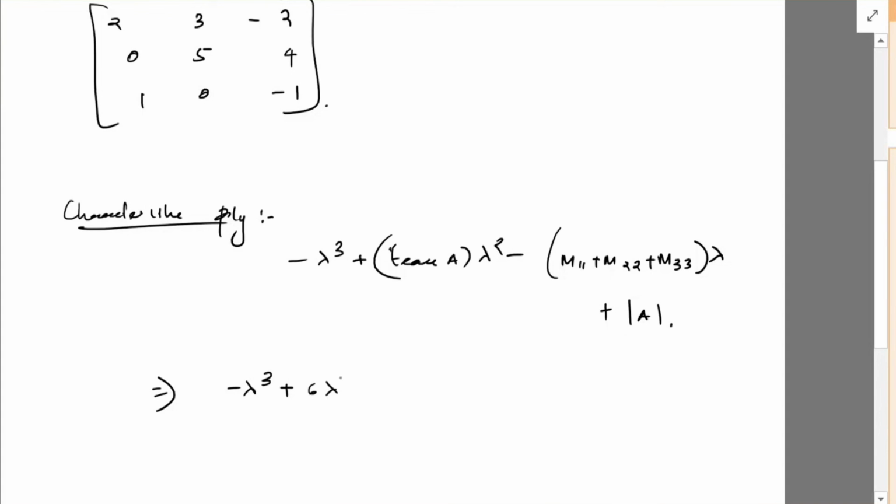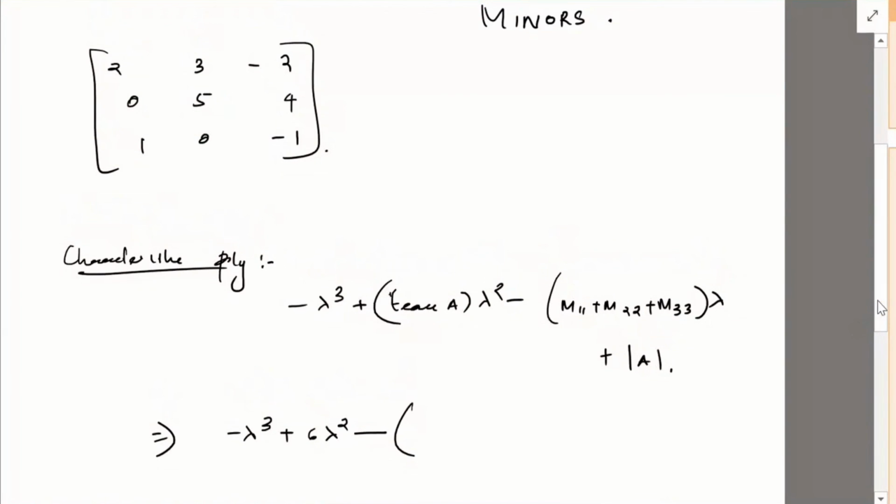So 6 lambda square minus of M11. M11 is: delete the first row and first column and take the determinant of the remaining elements. So it will be minus 5, right? Plus M22.